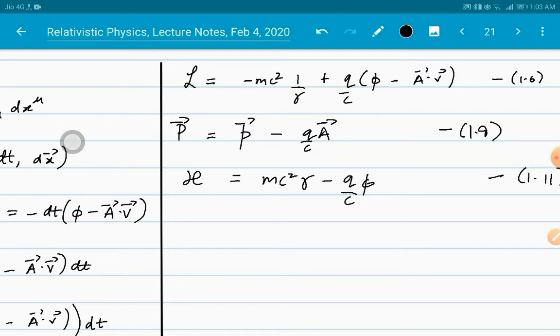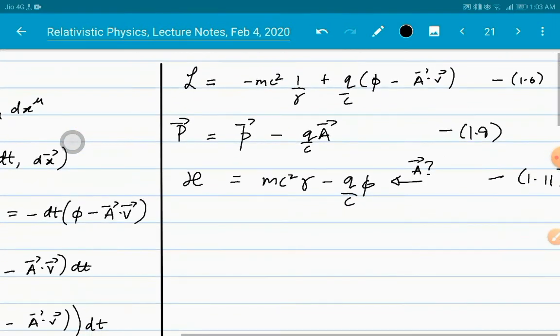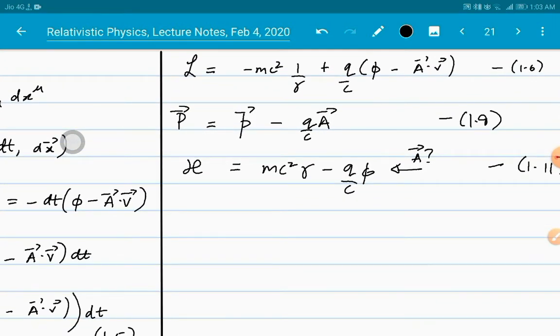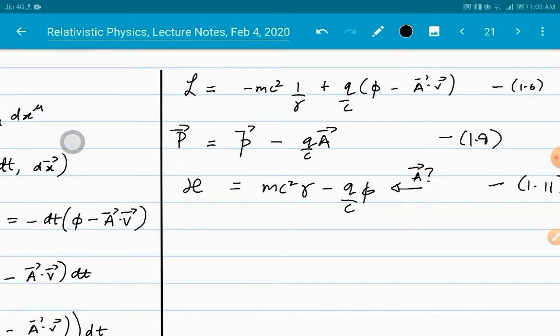But now we see that the Hamiltonian as written in 1.11 does not seem to have any dependence on the vector potential. And also it is not expressed in terms of the momentum of the particle. So we want to remedy this. So let's see how one might go about doing that.